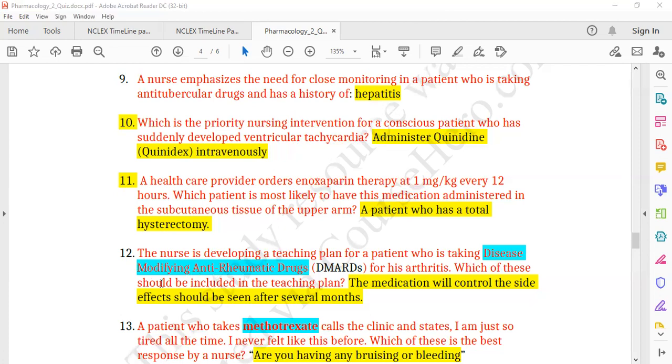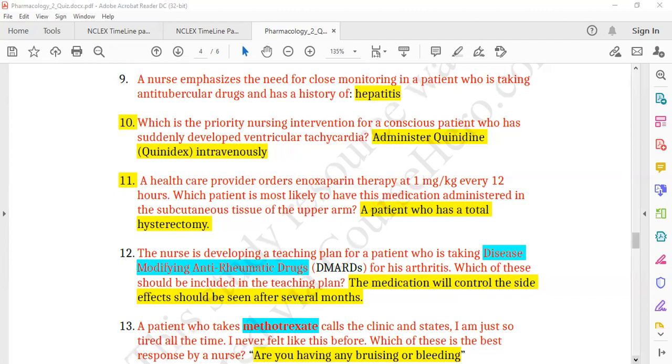Which of these should be included in the teaching plan? This medication will control the disease, and the side effects should be seen after several months. So we continuously monitor the side effects of disease modifying anti-rheumatic drugs.